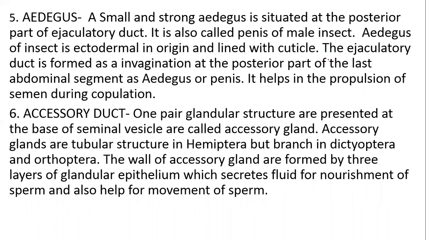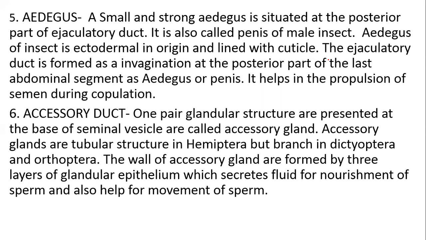Number 5 is the aedeagus. The aedeagus is also known as the penis or a similar structure. A small and strong aedeagus is situated at the posterior part of the ejaculatory duct. It is also called the penis of the male insect.